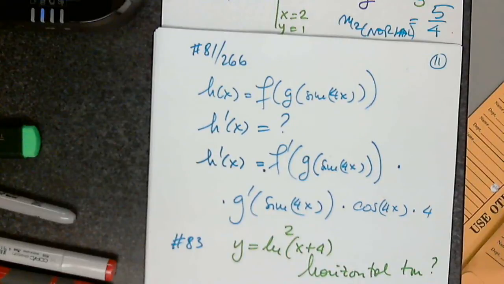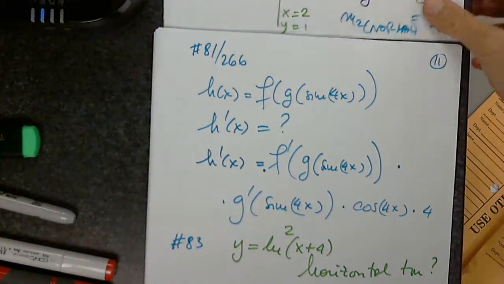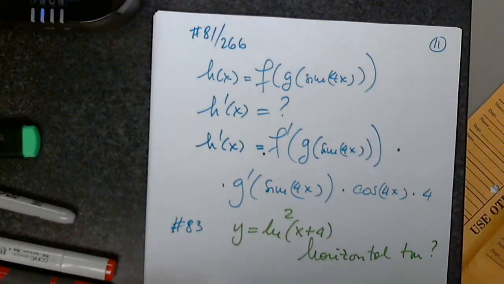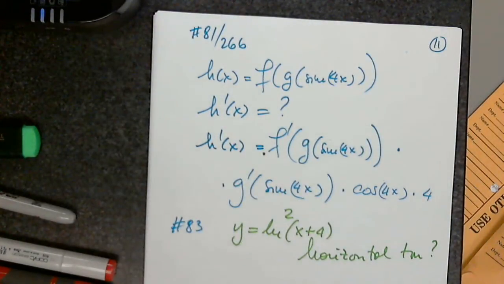At what point on the graph of this function is the tangent horizontal? If the tangent is horizontal, what type of point is that? Max or min, correct. But we'll see that in chapter 4.